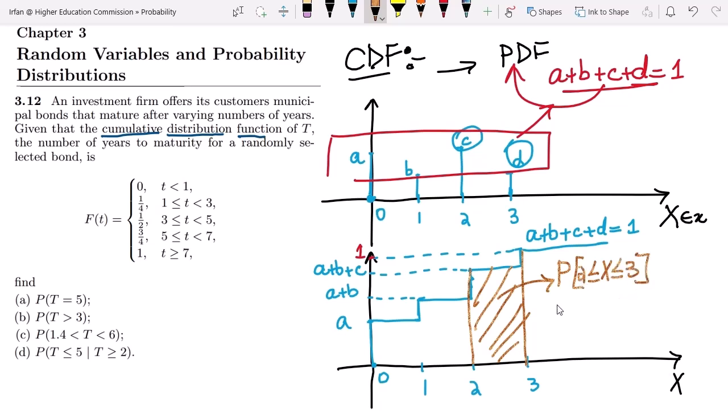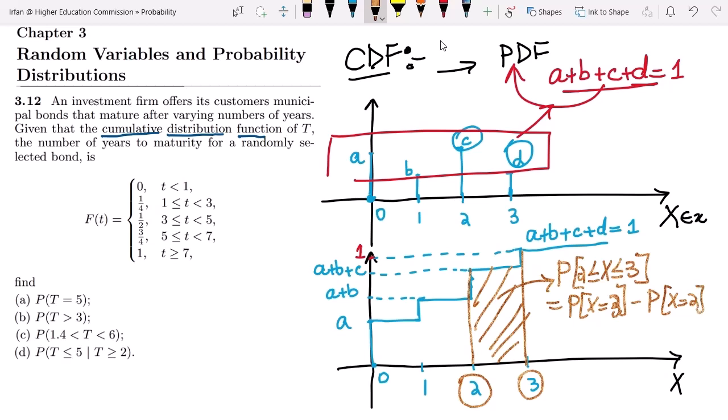Do you have any knowledge of how to find this area? It can be very easily found by subtracting the value at x equal to 2 from the value at x equal to 3.